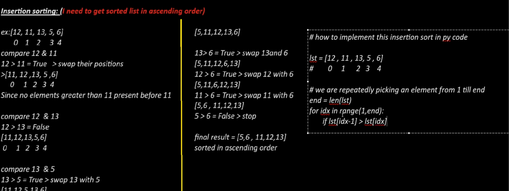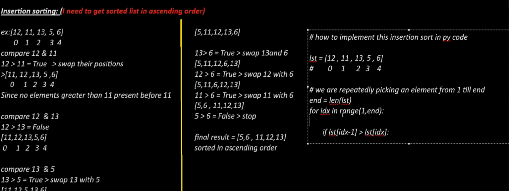If list of index minus 1 is greater than list of index, or you can say simply, take the current value as key. Since we are moving the current value to wherever we want, I'm taking the current value as key. So list of this particular index will be my key. I'm checking my key with the previous index, index minus 1.